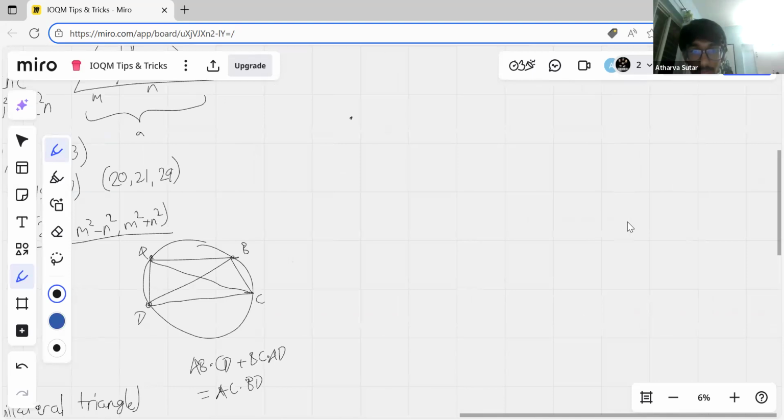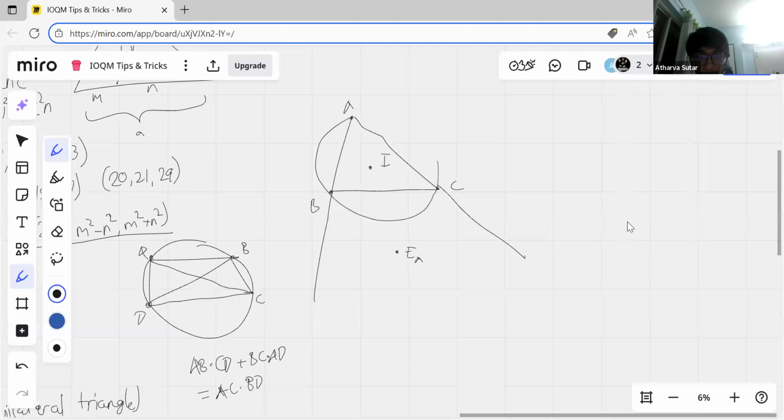The incenter-excenter configuration is also very useful. If you have a triangle ABC, and the incenter is given and the A-excenter is given, you basically have this property: if you draw the circumcircle of ABC and draw this line, it will intersect the circumcircle at M. Then M will be the arc midpoint of BC.